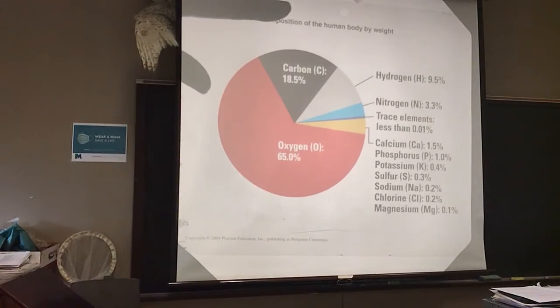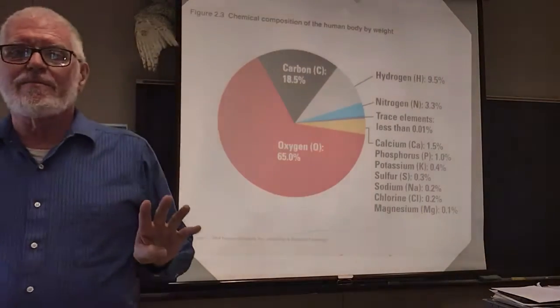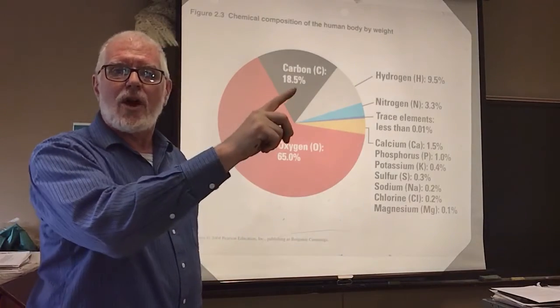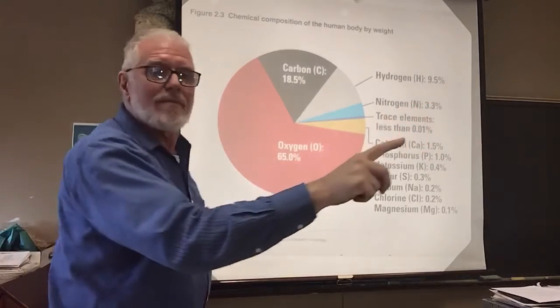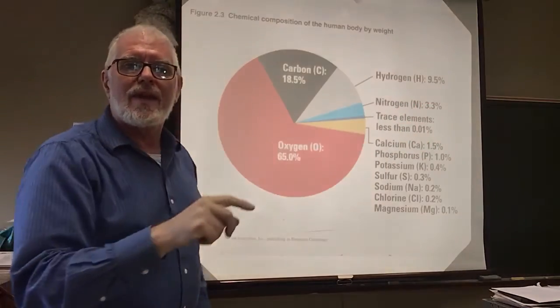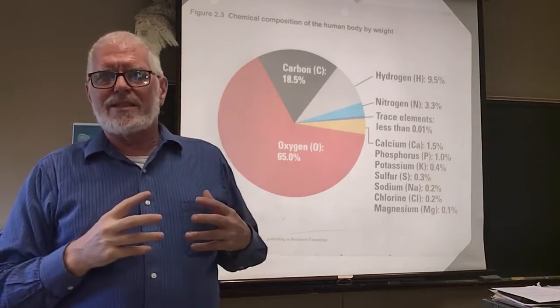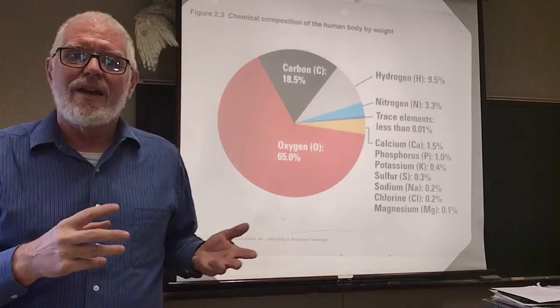Now, the elements that are in living things are mostly 4 elements: oxygen, carbon, hydrogen, and nitrogen. Now, this is misleading because it's representing how much of this there is by weight.